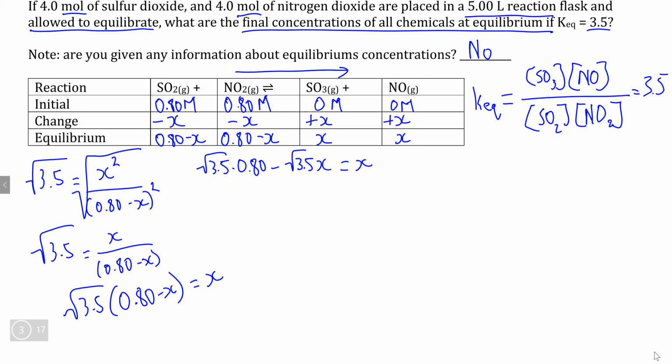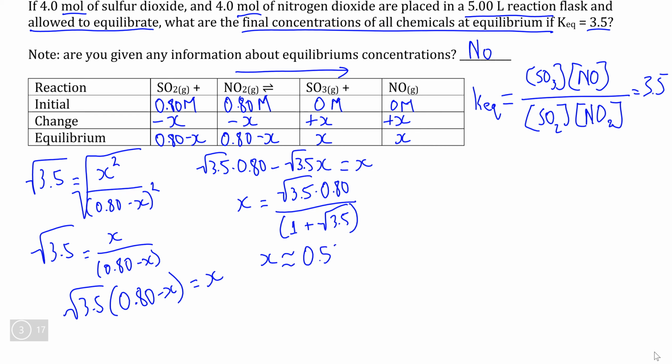So we're going to assume that x is isolated, and we have root of 3.5 times 0.8 divided by the coefficient, which is 1 plus root of 3.5. If you put this into your calculator, you'll find that x comes to approximately 0.52 with two significant digits.